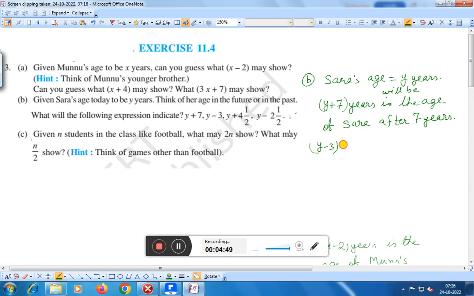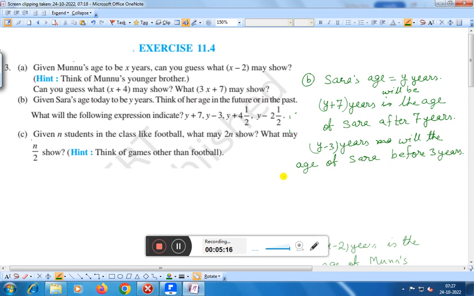Y minus 3 years will be the age of Sarah before 3 years. Right?